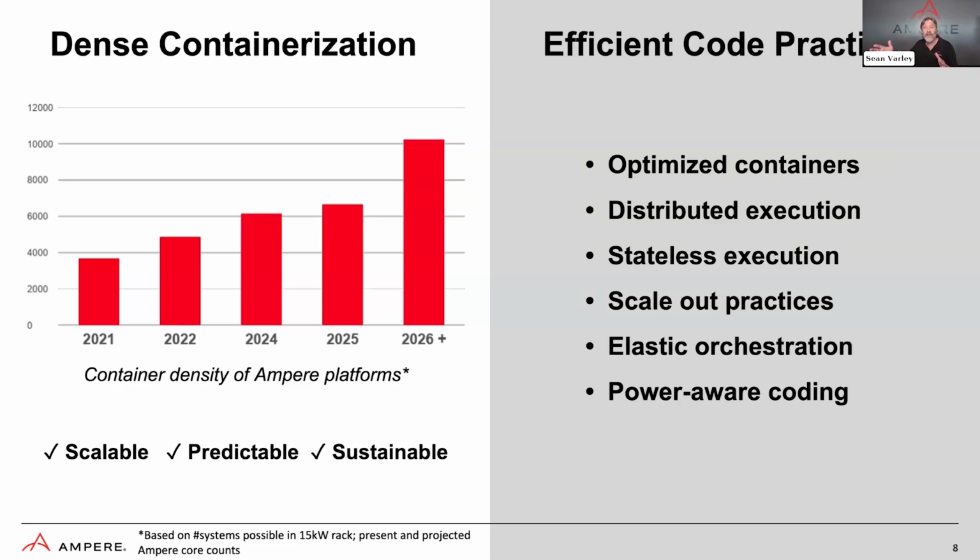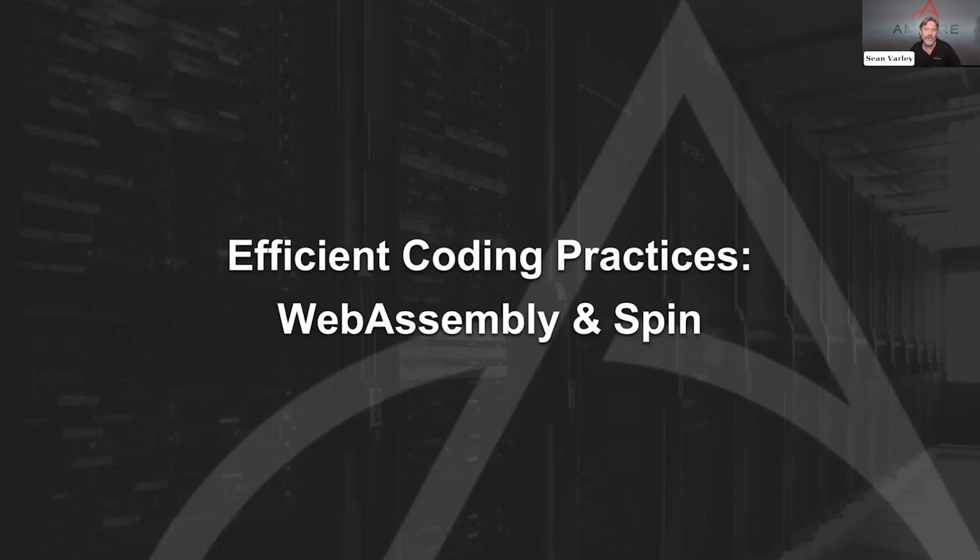You combine that with elastic orchestration and the ability to do power-aware provisioning, and we really start to click on all cylinders to deliver efficient code practices. So I am going to hand it over to Kate to tell us a little bit about some of these efficient coding practices with WebAssembly and Spin and her experience there at Fermyon.